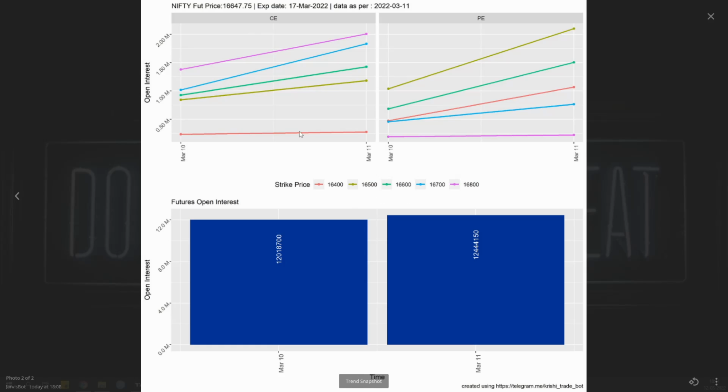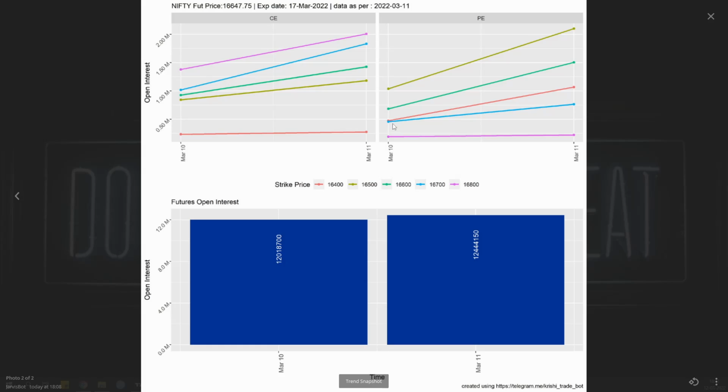For simplicity purposes. So in this graph, what we are looking at is the increase in call option at a particular strike, and increase in put option for a given set of strikes.